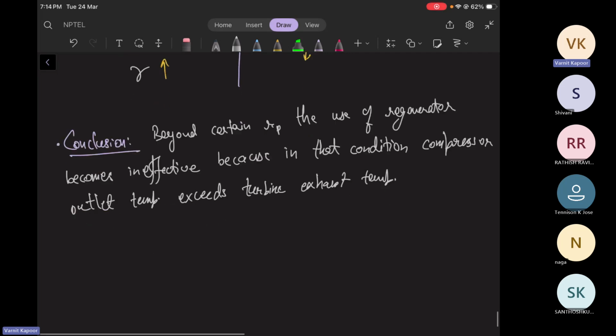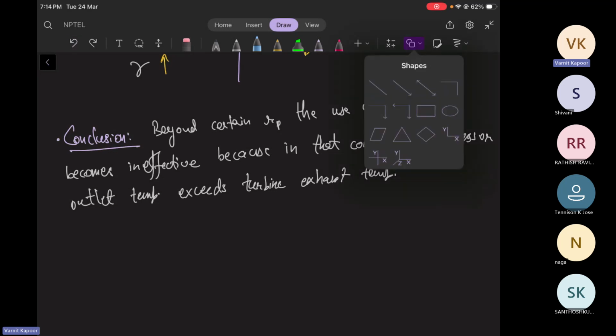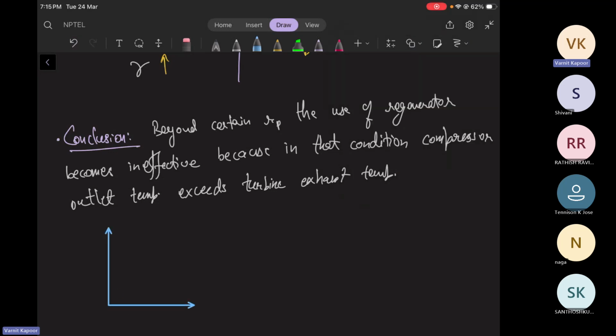So if we see from that graph also, which we had made earlier, where we had work net with that of pressure ratio, we had a graph like this. Okay.